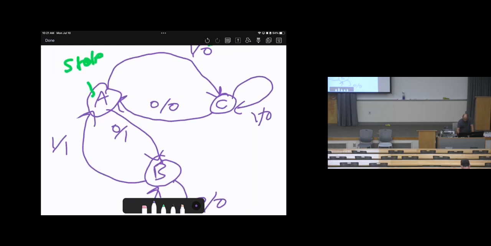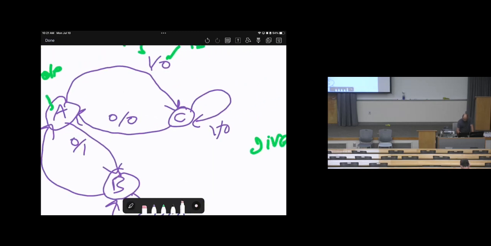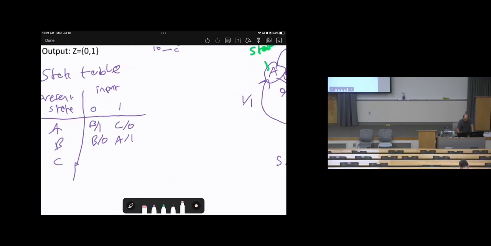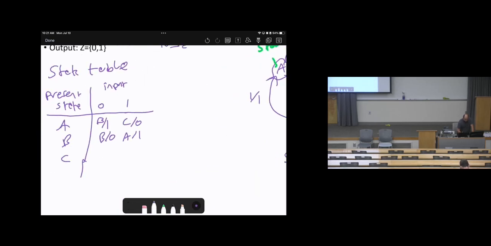Let's go to C. In C, if the input is 0, it will go to A, and the output is 0. So we're going to write it as A over 0.